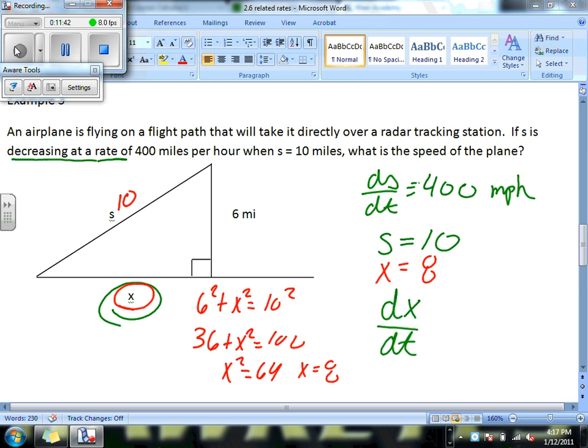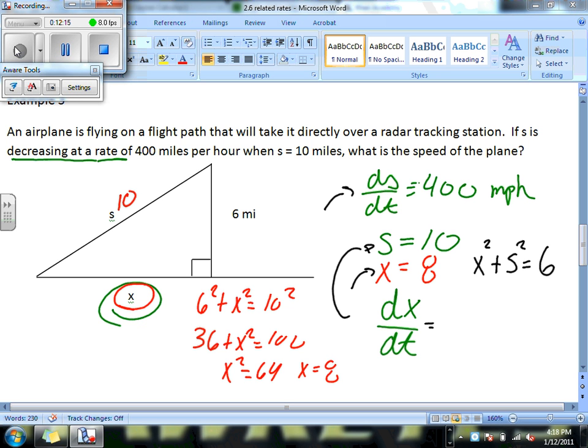I can use the same Pythagorean theorem now to figure out what dx/dt is given these conditions. So let's use the Pythagorean theorem as our equation, because when I look at that problem, I need to use the Pythagorean theorem. We don't know x squared plus s squared, but we know he's going to be 6 miles above.